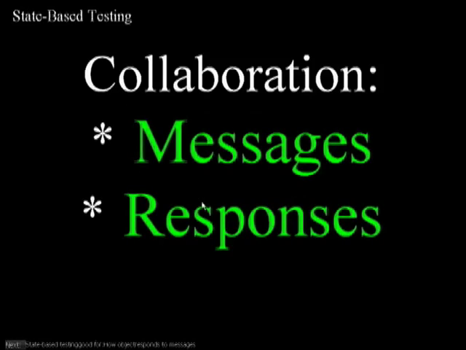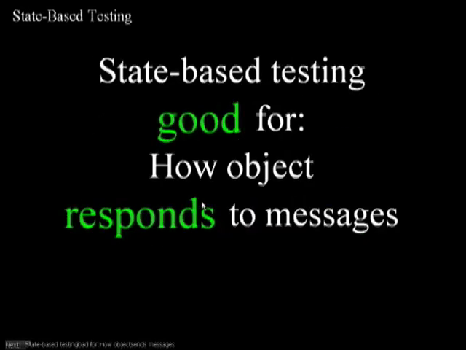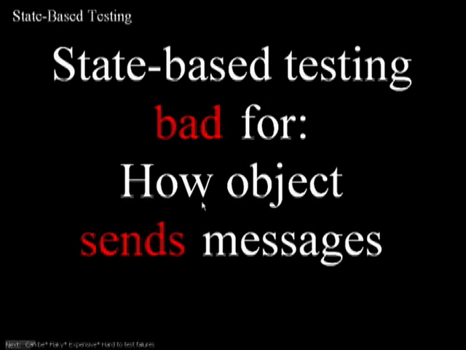We know that state-based testing is good for verifying how an object responds to a message. You just exercise that message and compare the result with what you expect. That part is simple. However, it's not a very good approach for testing how objects send out messages to others.